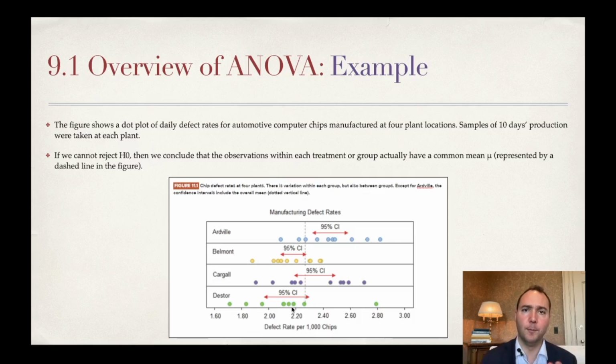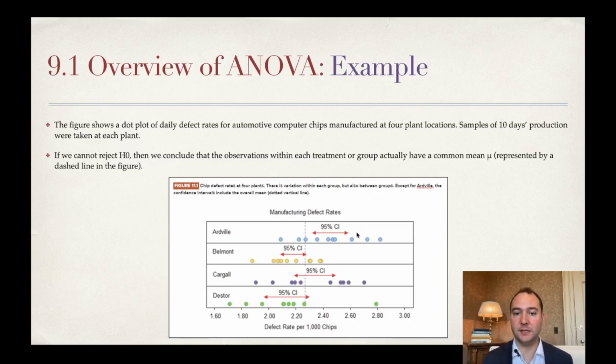All right, so we're fairly confident that the mean of this D group is somewhere in this range here, which includes the overall mean of our sample. In our C group, the confidence interval here includes that overall mean. In the B group, it also barely includes that overall mean. However, in our A group, our 95% confidence interval doesn't include the overall mean of our sample.